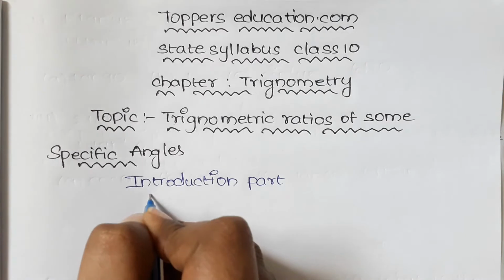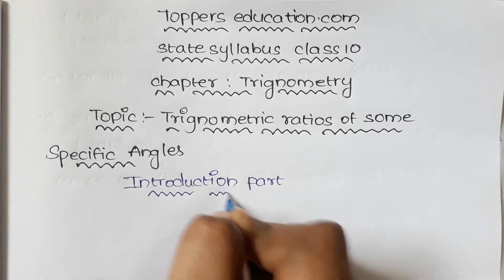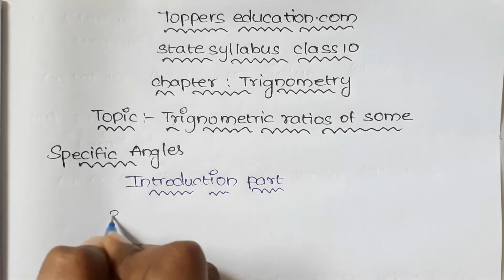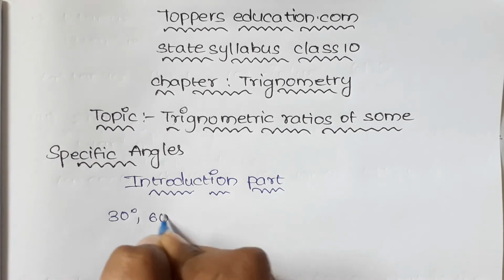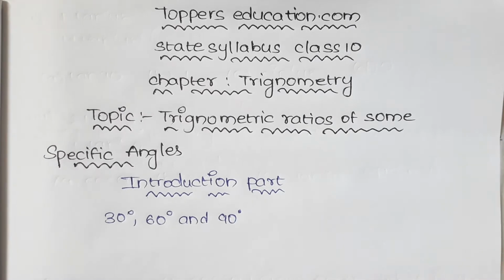Now here we have already known about the isosceles right angle triangle and the right angle triangle with angles 30 degrees, 60 degrees and 90 degrees. Can we find sin 30 or tan 60 and cos 45 etc. with the help of these triangles?